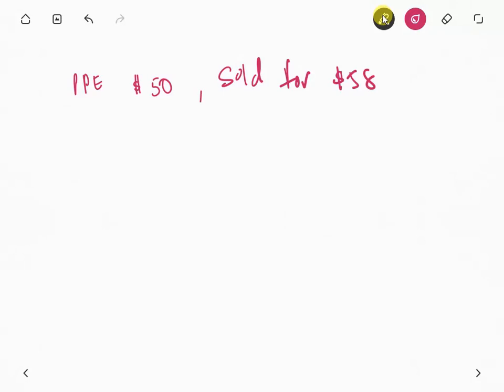And the only entry I record is debit tax and credit to profit, means my income. Gain on disposal 58. Is this correct? Is this correct?